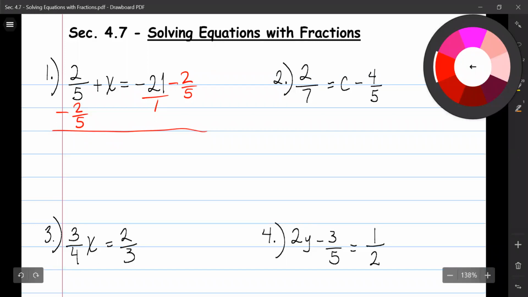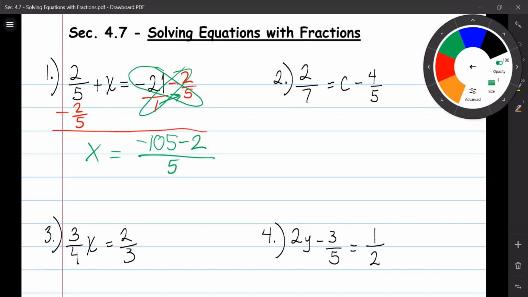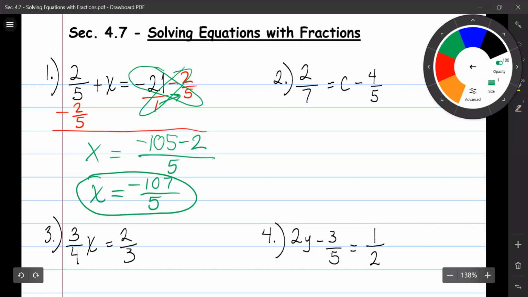So negative 21 times 5 is negative 105 minus 1 times 2, which is 2, over 1 times 5, which is 5. And negative 105 minus 2 equals negative 107. So x equals negative 107 over 5.